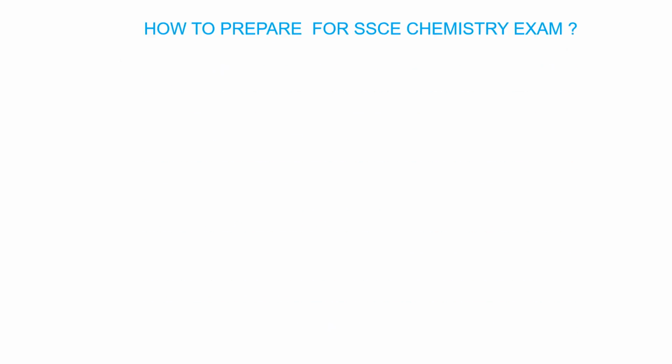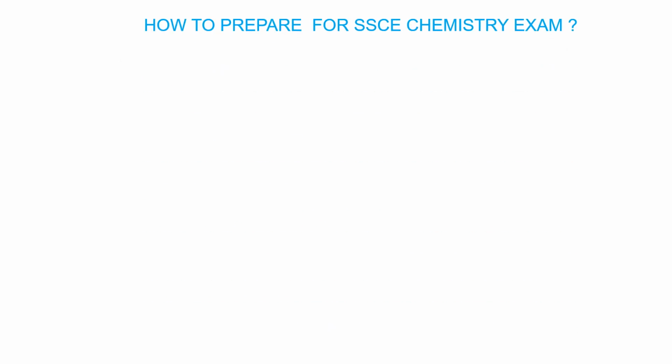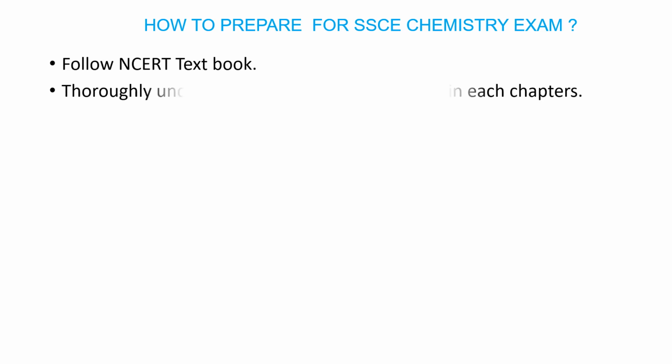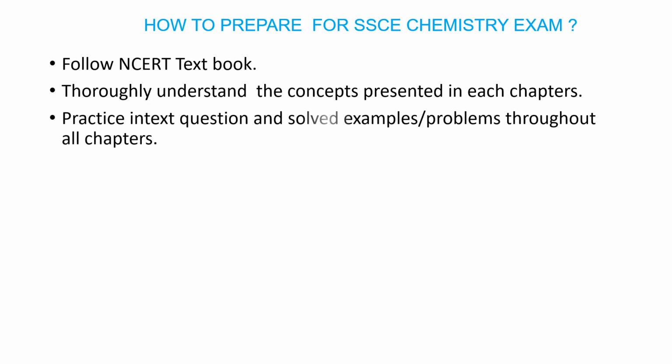Now, let us see how to prepare for the chemistry board exam. Follow only NCERT textbooks. Thoroughly understand the concepts presented in each chapter. Practice in-text questions, solved examples and problems throughout all chapters.